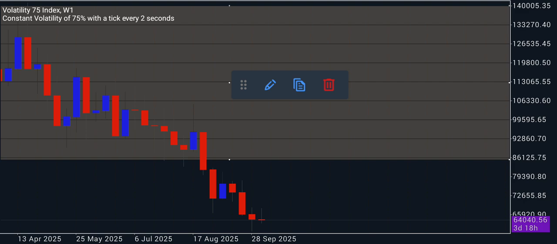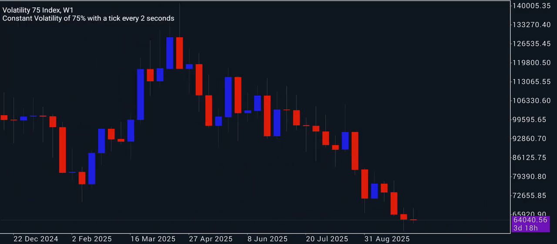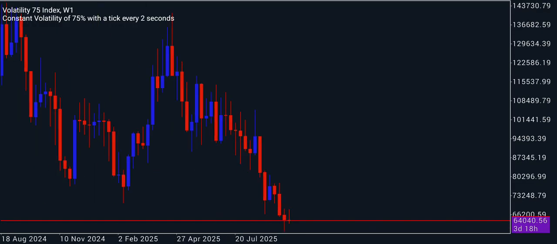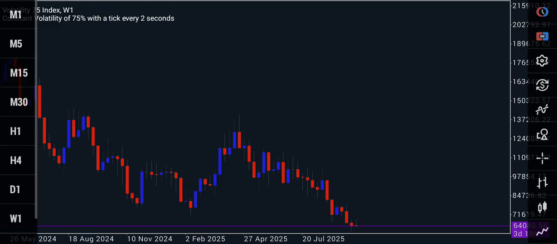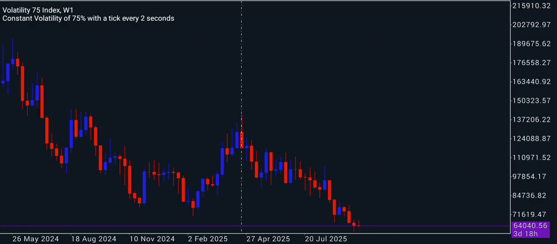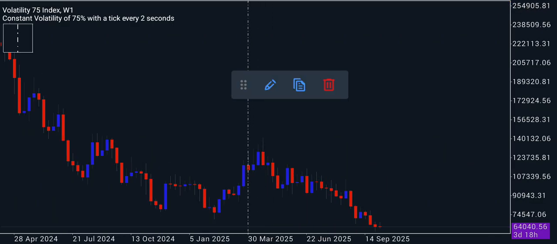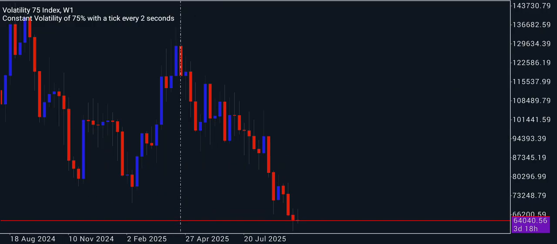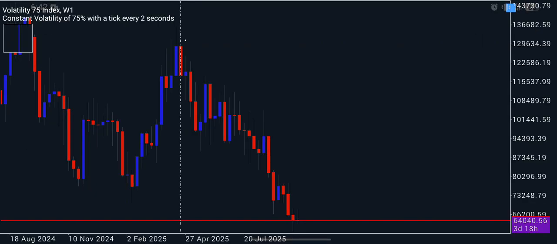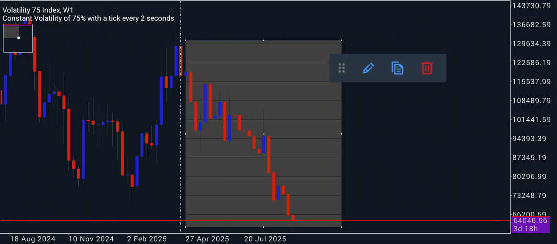So now in the weekly, I will just put this vertical line here as indicating the last high. Everything we are analyzing will now be from here to here.